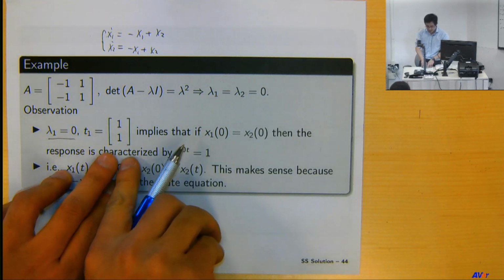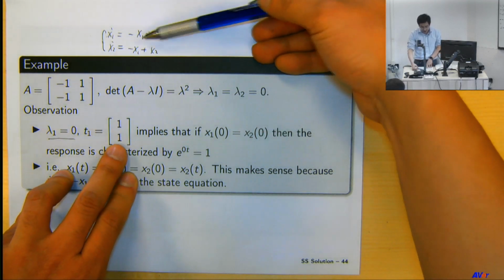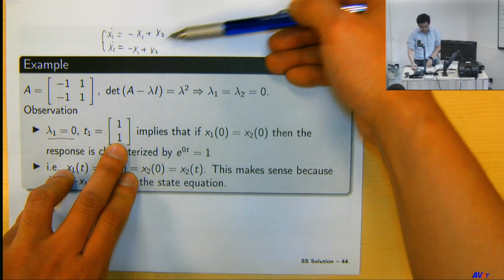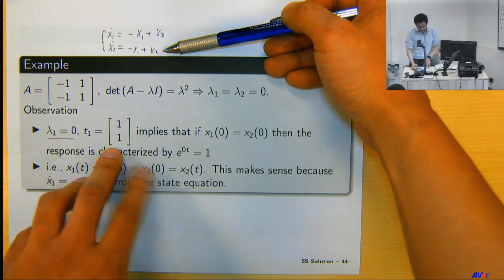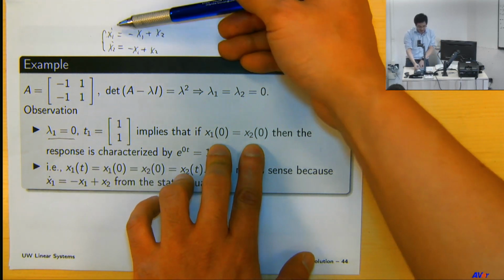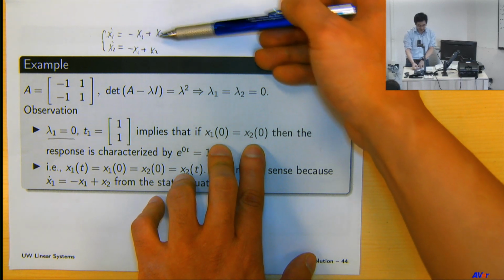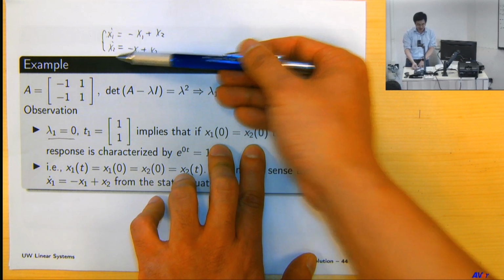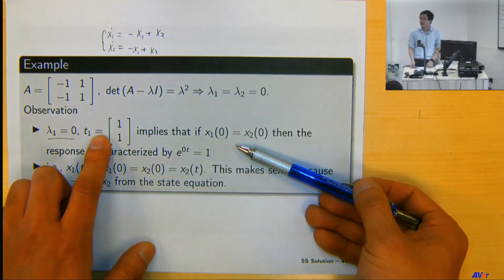So this is saying I start at the initial condition x1 equal to x2. From this formula of the model, we can see that if my initial conditions are the same, then I am not moving. Right? Negative x1 plus x2 is 0 for x1 dot, and for x2 dot it is also 0. So if I start at this direction, I am not moving.